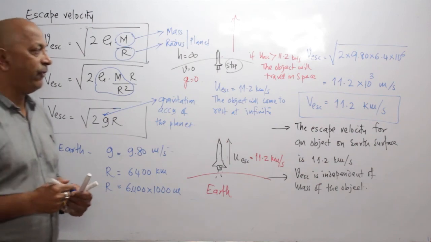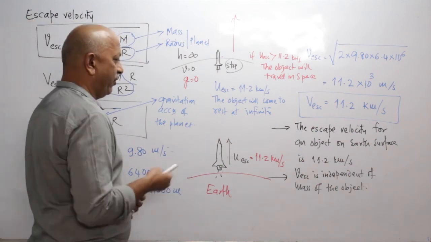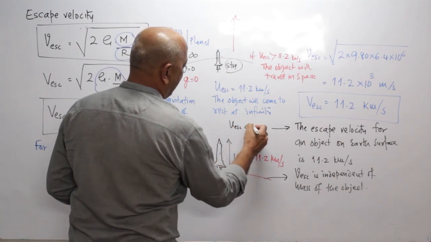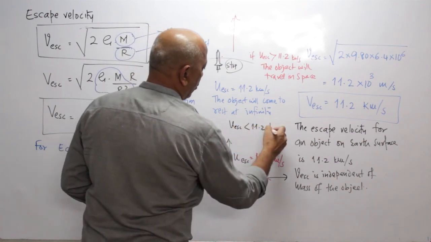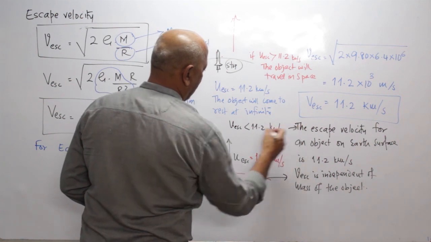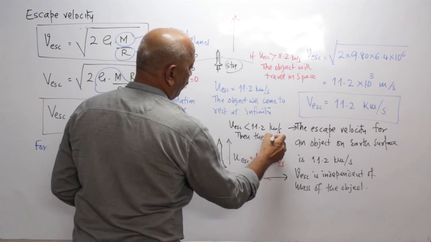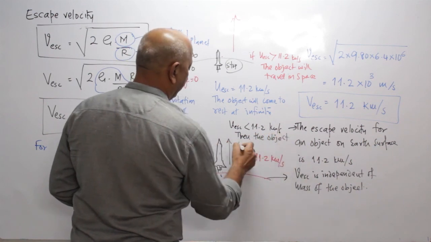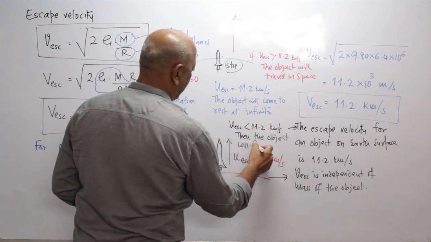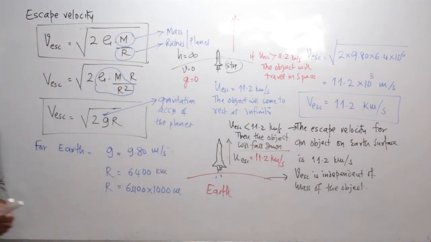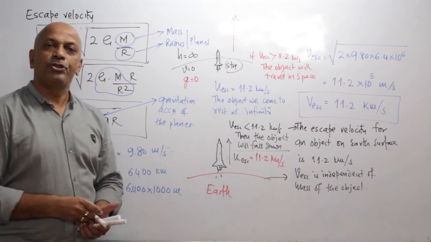And if V escape is less than 11.2 kilometers per second, then the object will fall down. So this will be the situation.